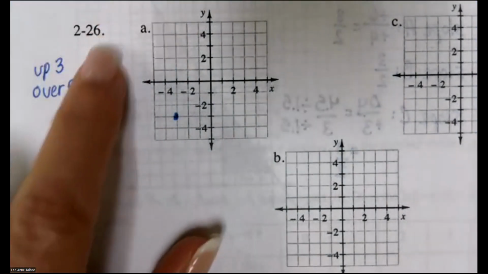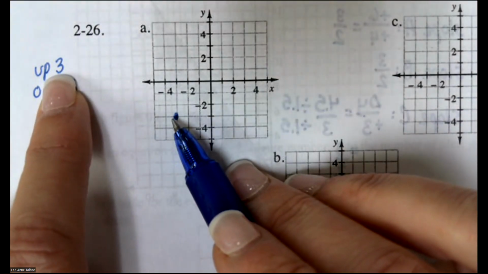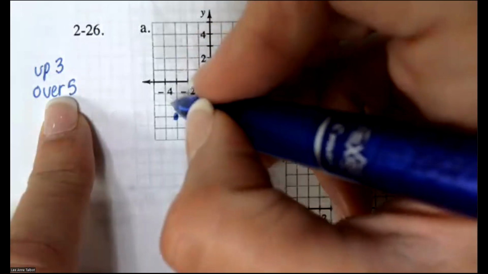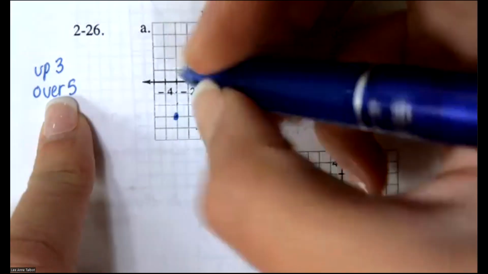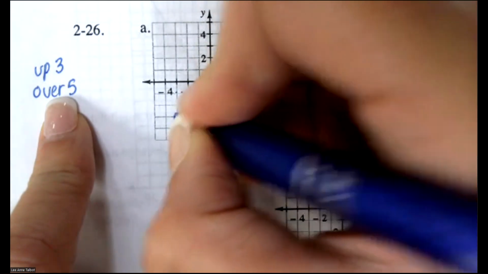Okay, now draw a slope triangle that is up 3 over 5. So up 3, over 5.